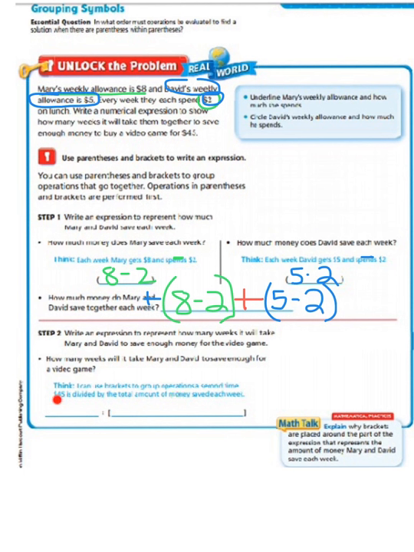So 45 is divided by the total amount of money saved each week. Here would be our $45, because that's how much the video game costs. We've got our division sign, which you can barely see there, and then we've got our bracket.